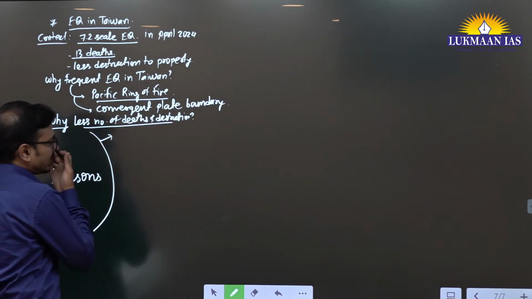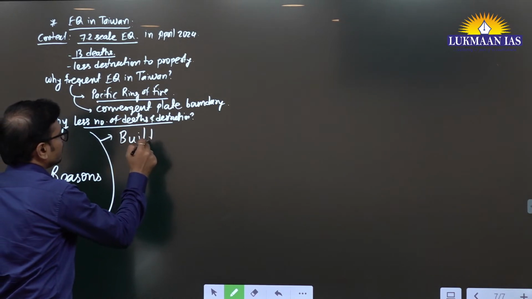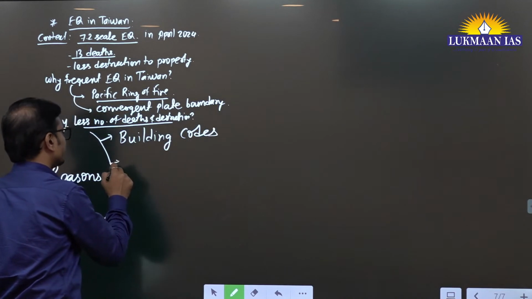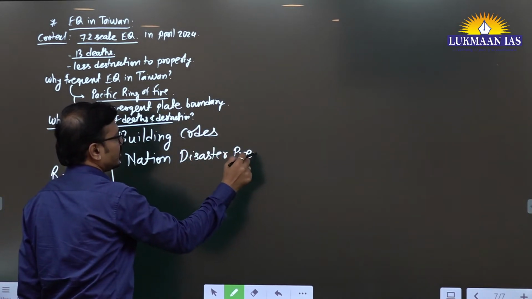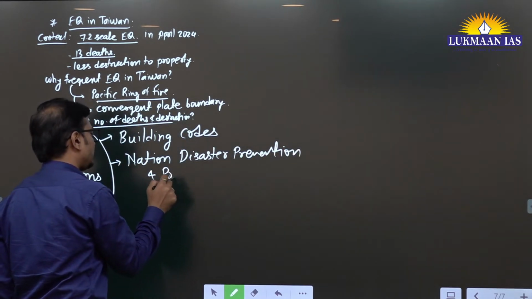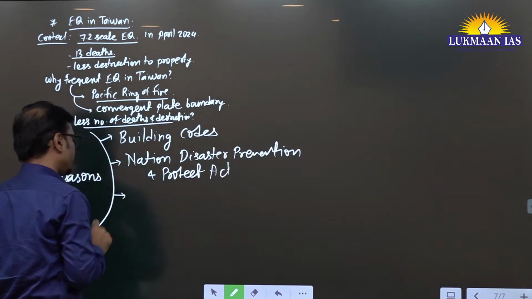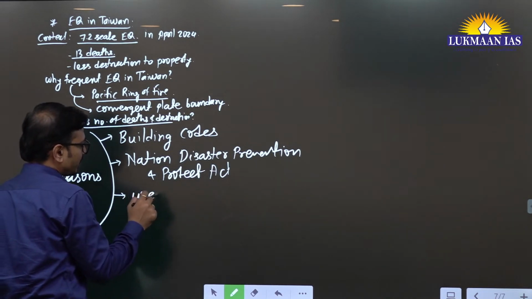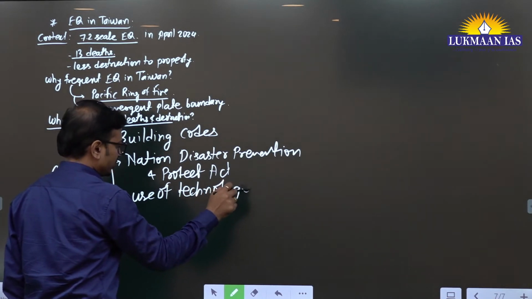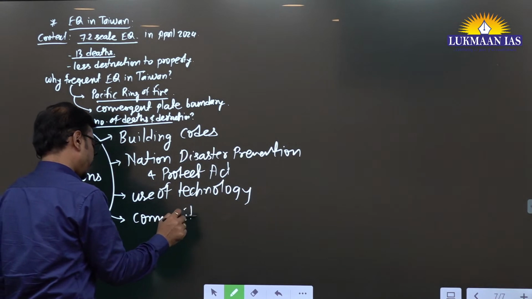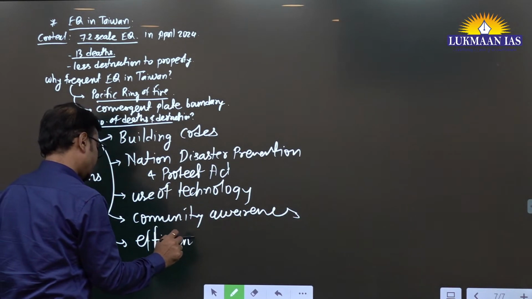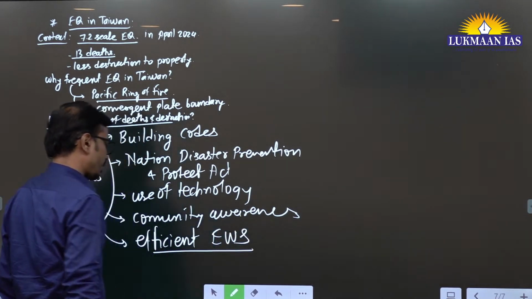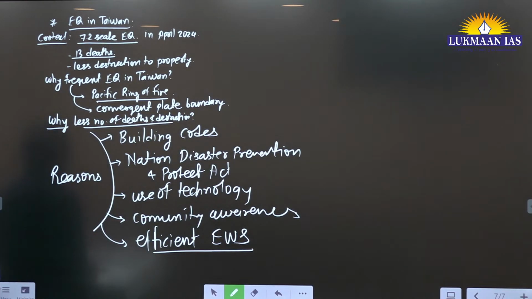First and foremost, we can say building codes, then there is the National Disaster Prevention and Protection Act enacted by the government, then we can say use of technology, community awareness, efficient early warning system, ठीक है.